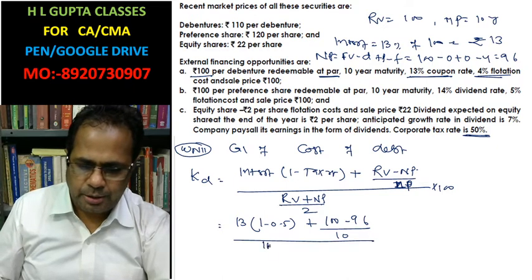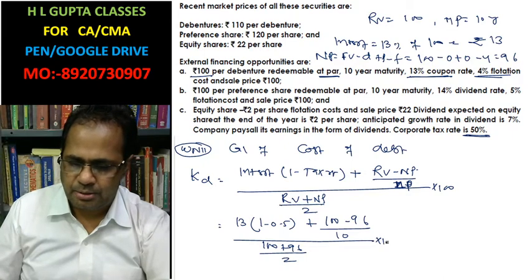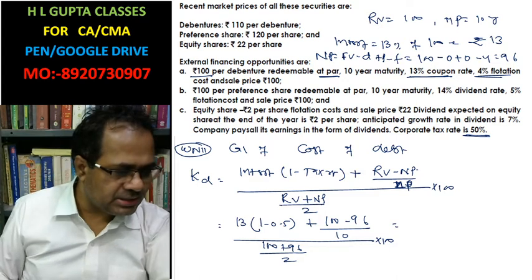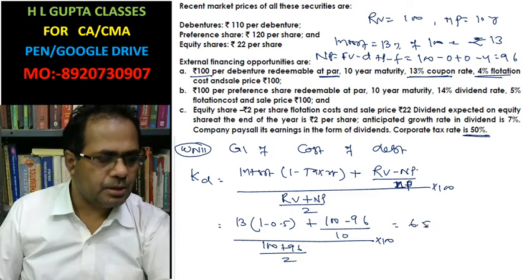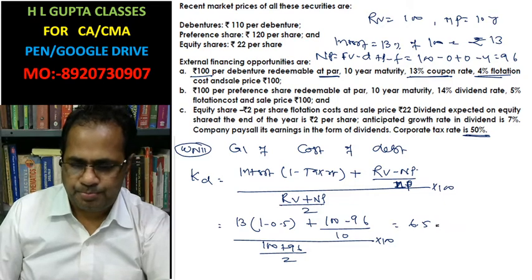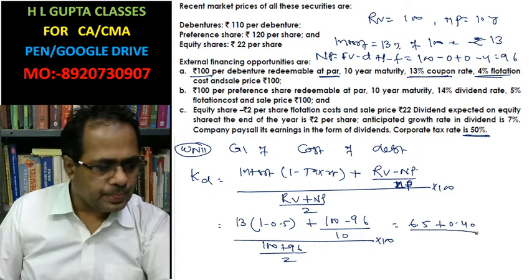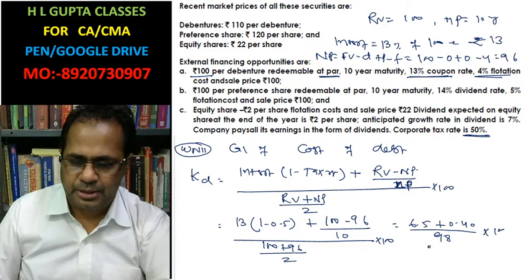This is 100 plus 96 divided by 2, into 100. Look at it. Then what will this be? This is 6.5 plus 0.40, whole divided by 98, into 100.